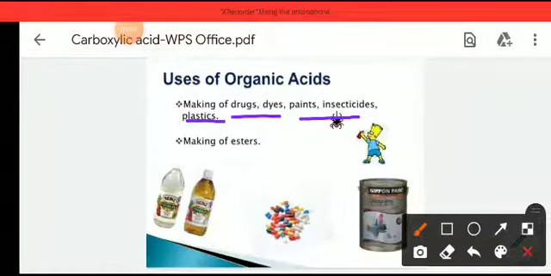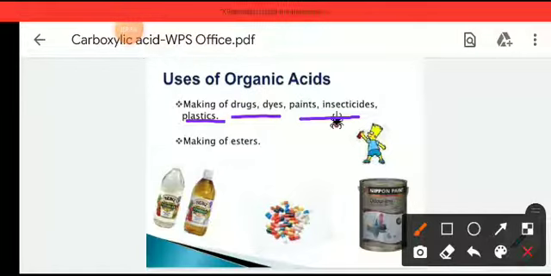So for making a soluble base of an organic drug, we use this kind of organic acids. As well as dyes, the colors, how you wear clothes having some colors. These colors are mainly from the carboxylic acids, as well as some peptides, and some conjugated peptides.